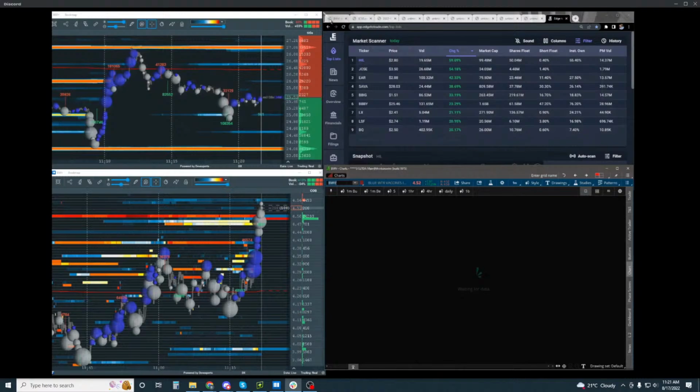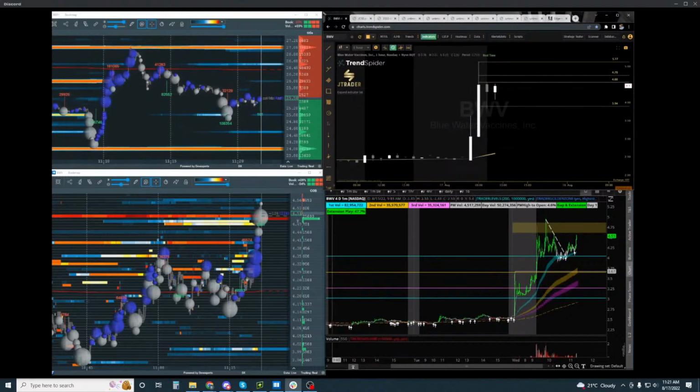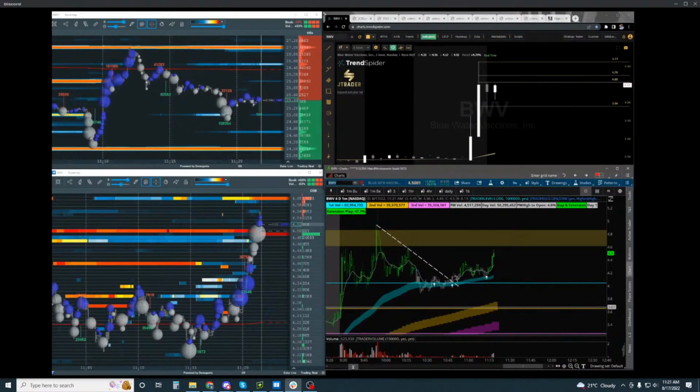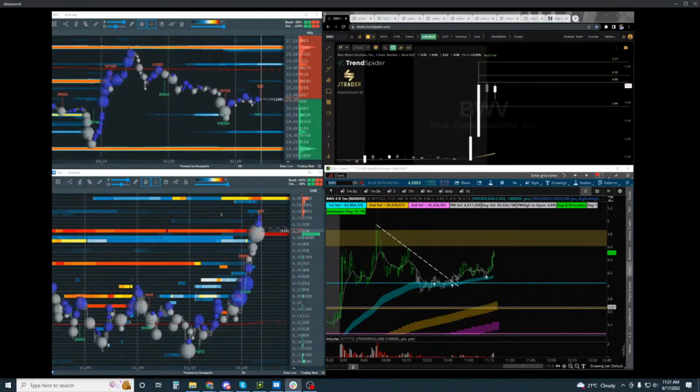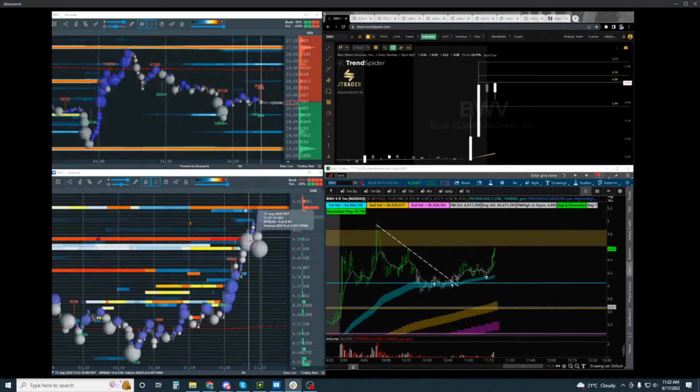Let's analyze over here. We have the previous resistance at 460. They clear out that 450. So it's still not the moment to add. While it was going up over here, you can see at 450 they start to sell.